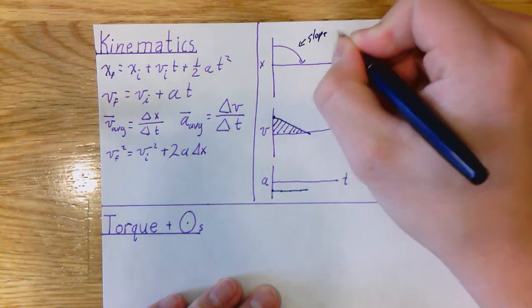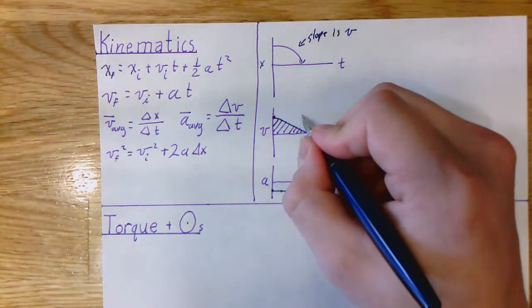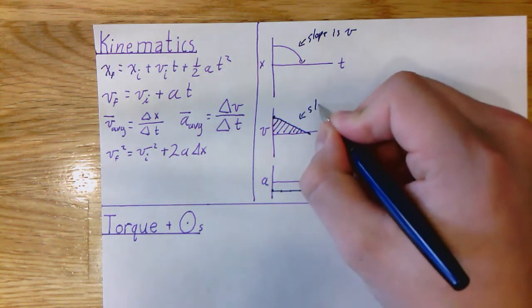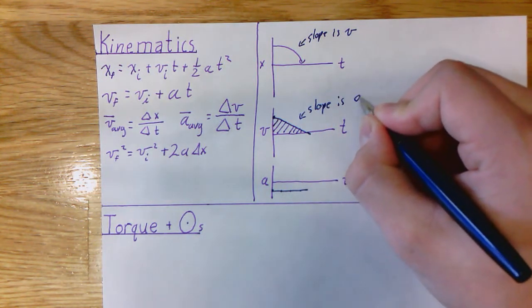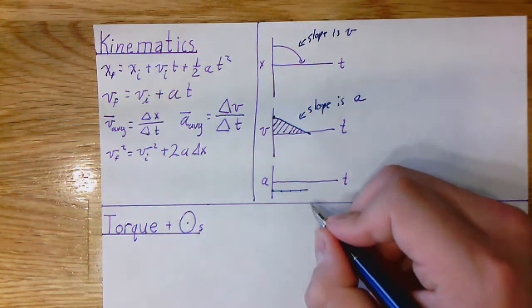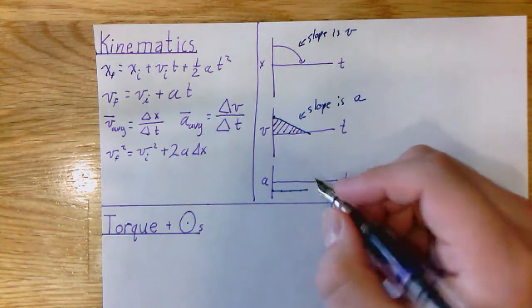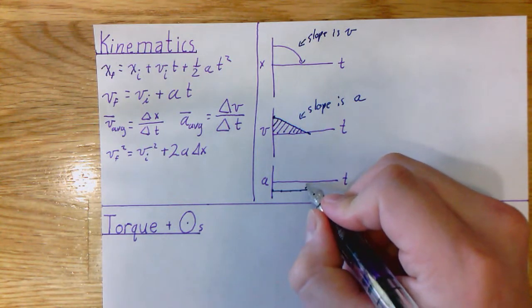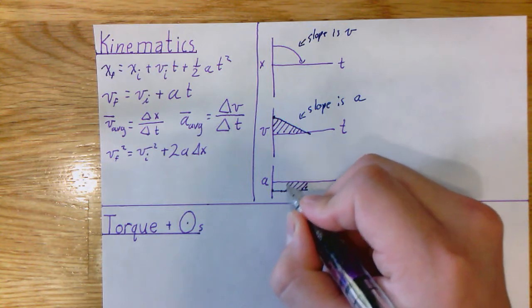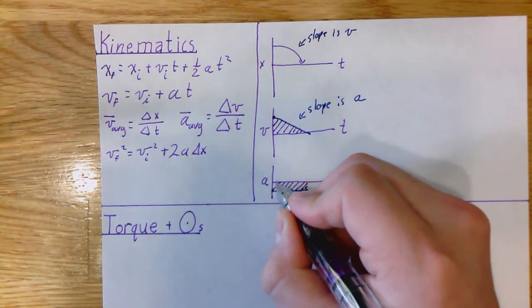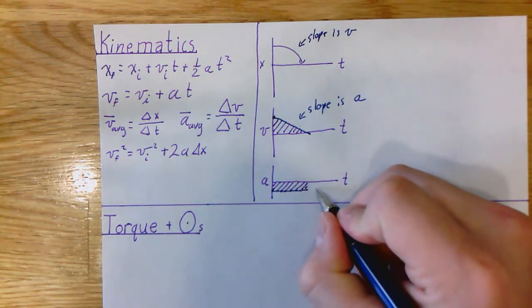Slope is v. Write it down here. Slope is a. Down here, the slope doesn't mean anything, but the area between the edge of your graph and your x-axis, or your t-axis, the area there is your change in velocity.